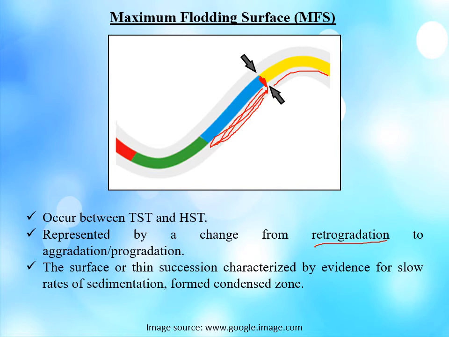So the deposition found during this time is known as the condensed zone. Within a very thin sedimentary package, a relatively large time span of sedimentation is covered during the deposition at the MFS. So that is how the MFS is identified in the rock record. So this zone is known as the condensed zone.